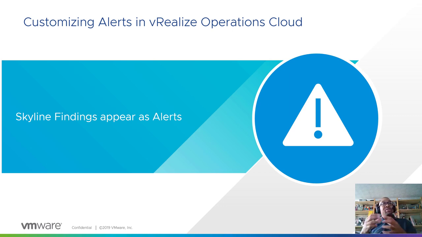And these alerts are going to consistently grow as we constantly expand on our findings catalog with each update to the Skyline service. Which leads me to another point, right? If you've spent any time at all with monitoring solutions, you know that alert fatigue is real.